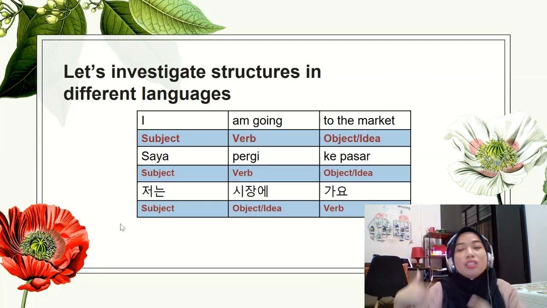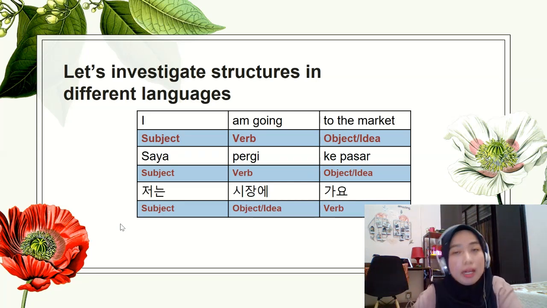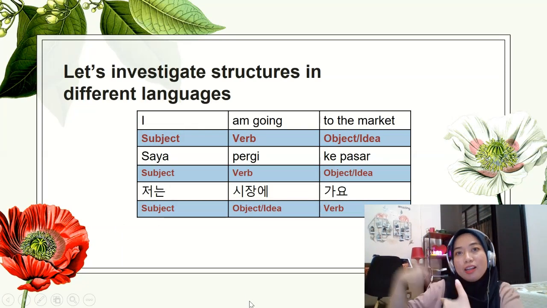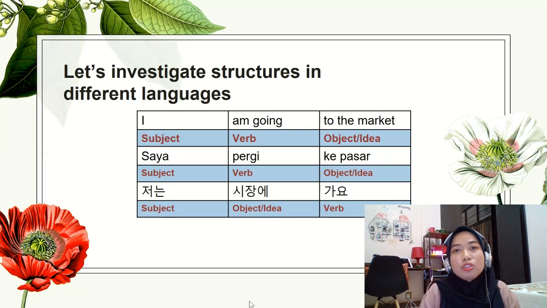시장이 means to the market. 가요, ka means going to. So what we can learn here is that Korean language does not follow the same structure as English and also Malay language.